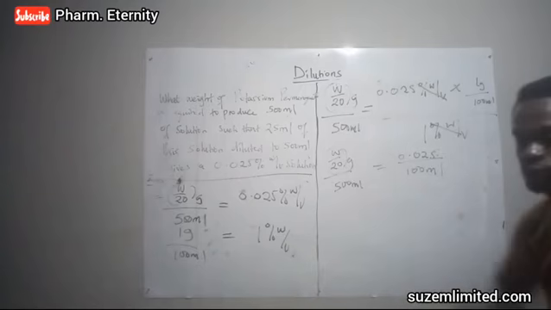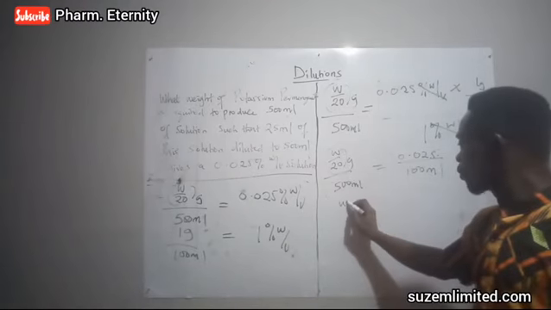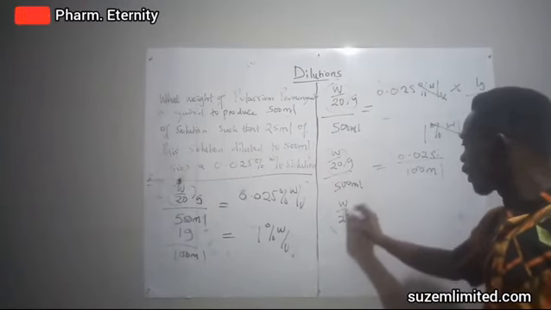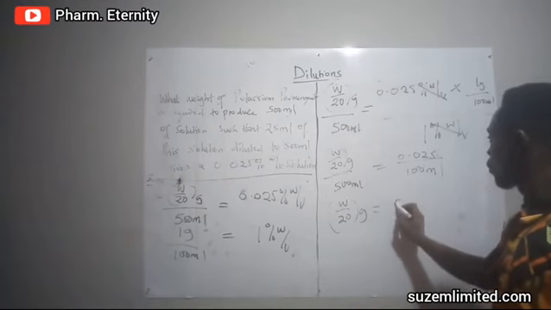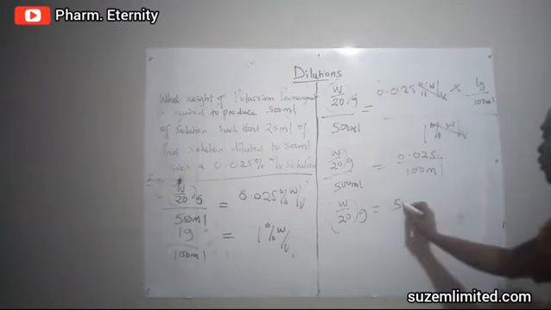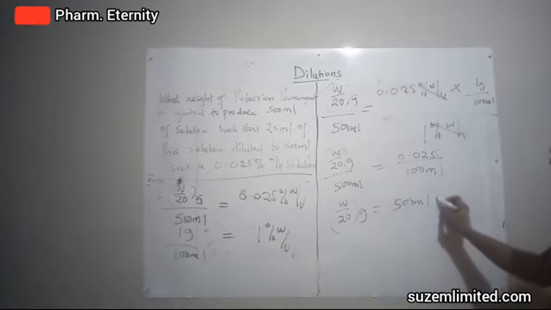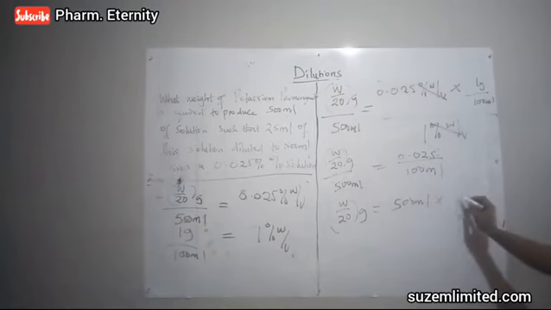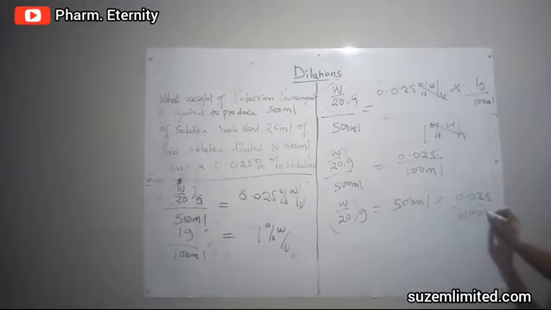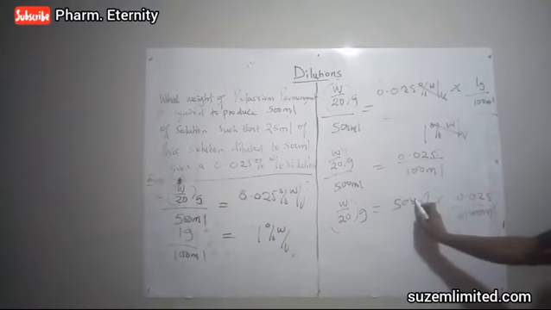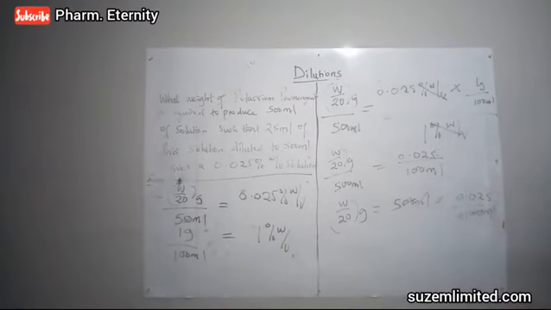Let's bring out this one. It becomes W over 20 gram is equal to 500 ml times 0.025 over 100 ml. Ml will cancel ml. What else will cancel? Double zero will cancel the double zero, remaining 5.